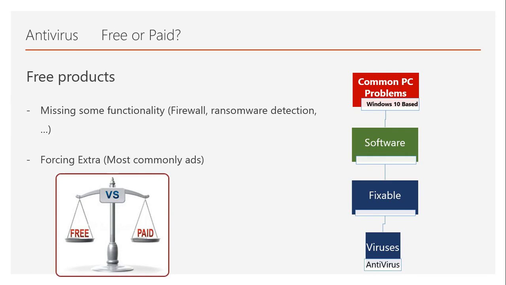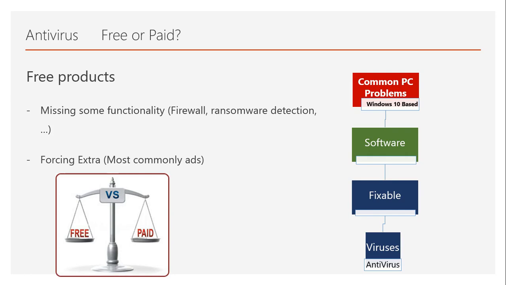To fix the virus problems, you're going to need an antivirus, and there are free versions of this software and paid versions. If it's the free version, obviously they are either missing something or they have some extra thing.